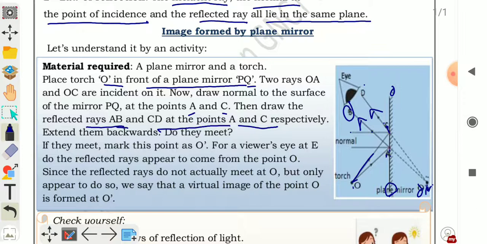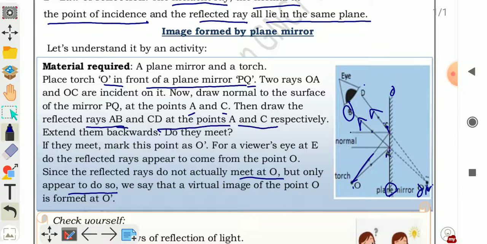Do the reflected rays appear to come from point O dash? The reflected rays do not actually meet at point O dash but only appear to do so. They appear to meet at point O dash but they do not actually meet at this point.